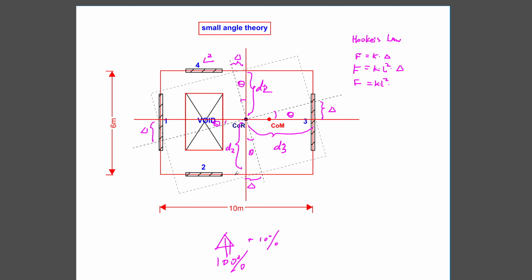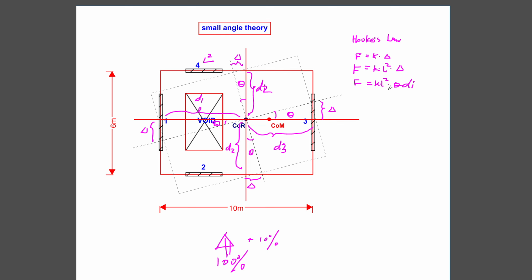It's perpendicular to the wall, and for wall 1, it's perpendicular to wall 1, and here is d1. So the deformation is essentially theta times your perpendicular distance, d. So I got my deformation as theta times my di.